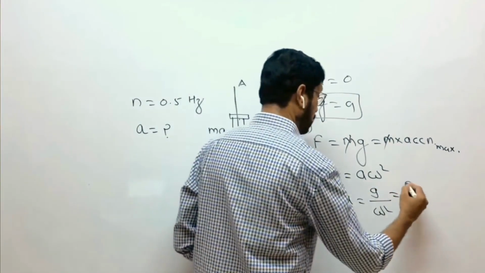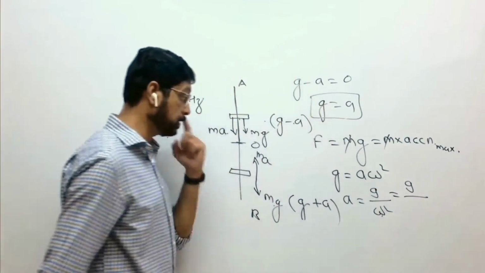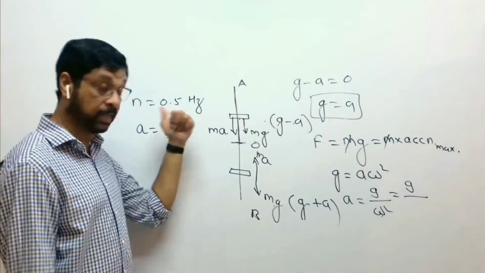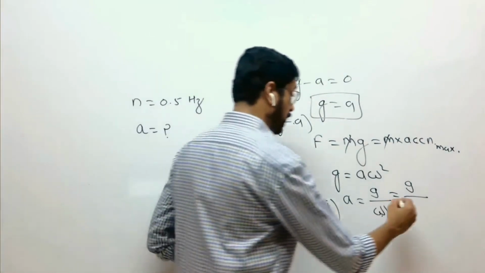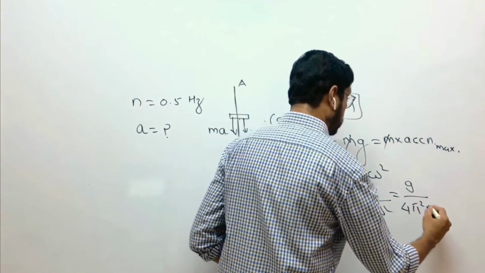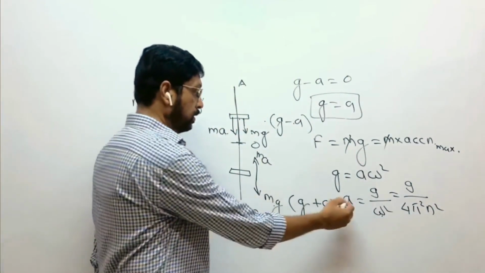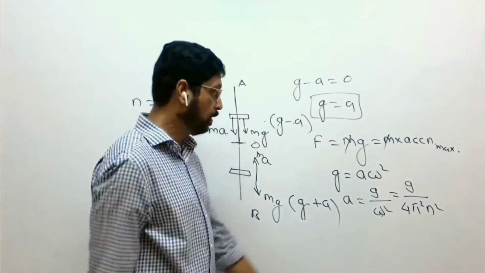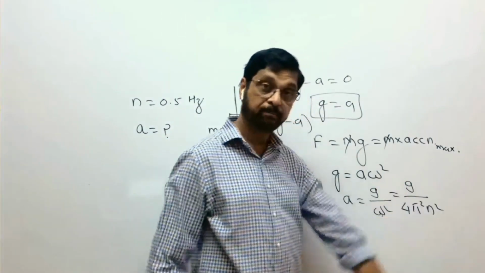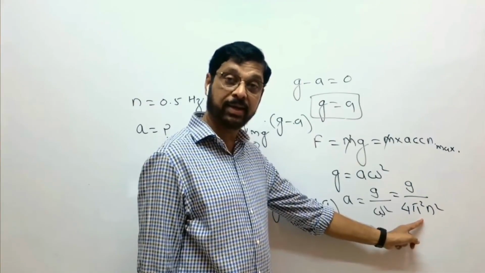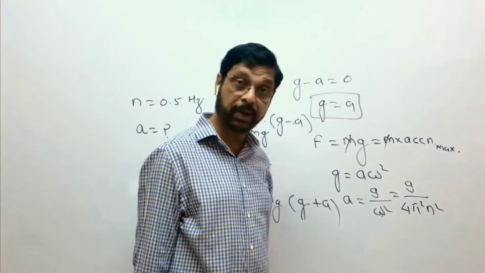Omega is 2 pi n, or 2 pi by T, and here n is given. So omega square will be 4 pi square n square. So the maximum amplitude will be g upon 4 pi square n square. The approximate value of pi square we take as 10, and the approximate value of g is 10.